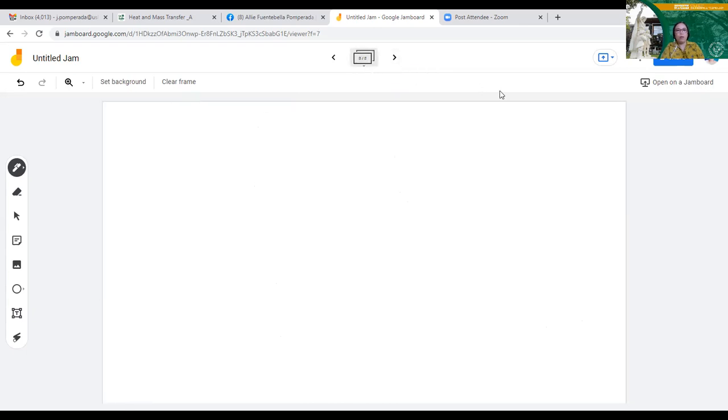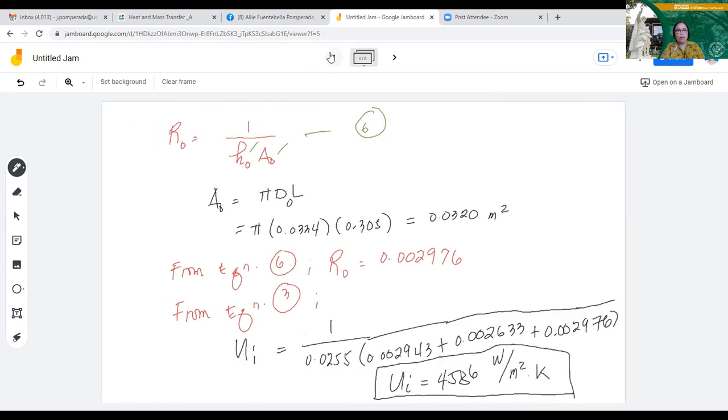So for your Q, you either use T sub o minus T sub i over summation of R, or you use the formula in which you have this one.